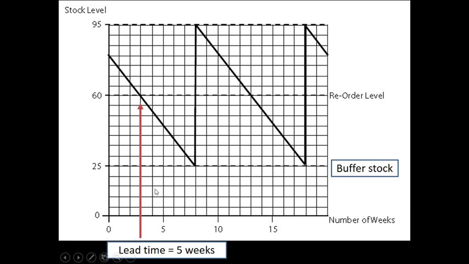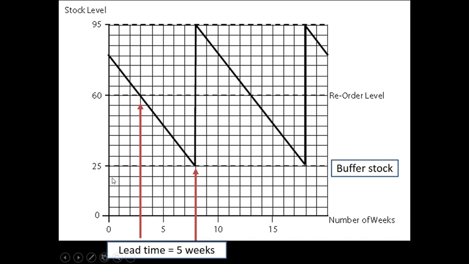So that's 1 week, that's 2 weeks, that's 3 weeks, that's 4 weeks, and the time at which it arrives, week 8, is 5 weeks after the initial order was placed. So the lead time is 5 weeks.